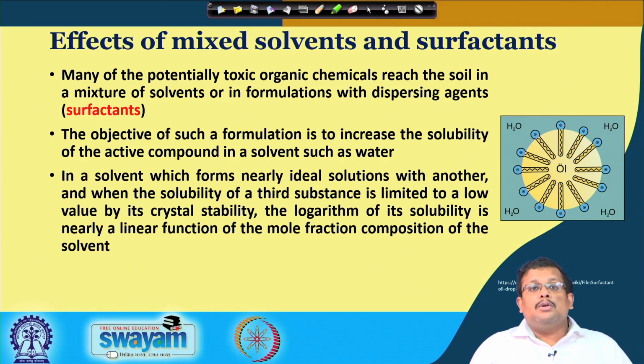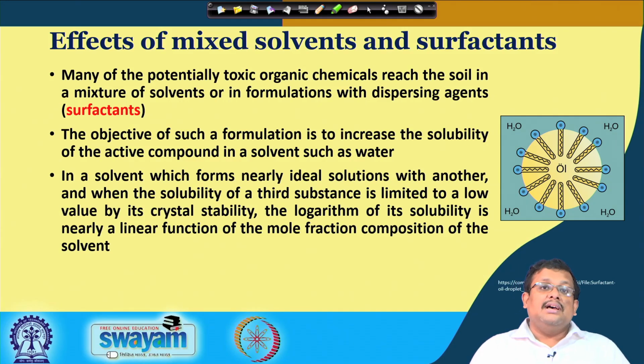Now, many potentially toxic organic chemicals reach the soil in a mixture of solvents or in formulation with dispersing agents, because these toxic organic chemicals can be easily bound by these dispersing agents. Although they are immiscible in water due to non-polarity, they can interact easily with these dispersing agents.